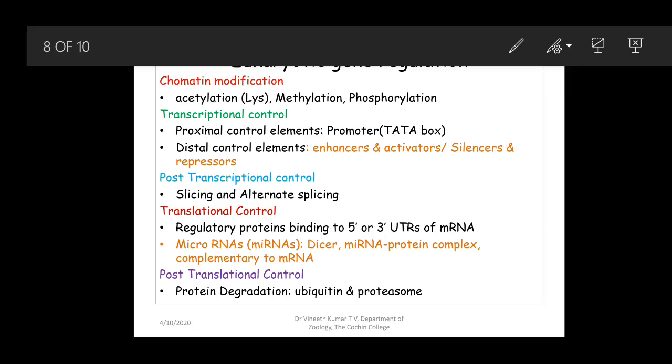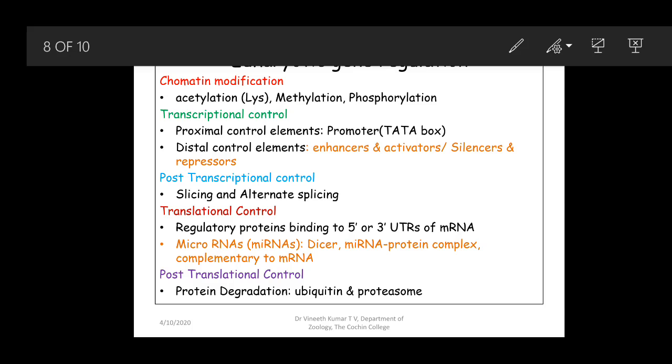Next is post-transcriptional control. How can you control the expression of a gene after it has been transcribed? That is what is called post-transcriptional control. It occurs by splicing. It's not slicing, it's splicing. Check the spelling there.